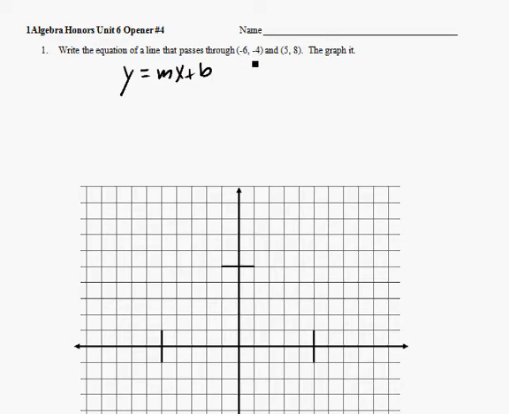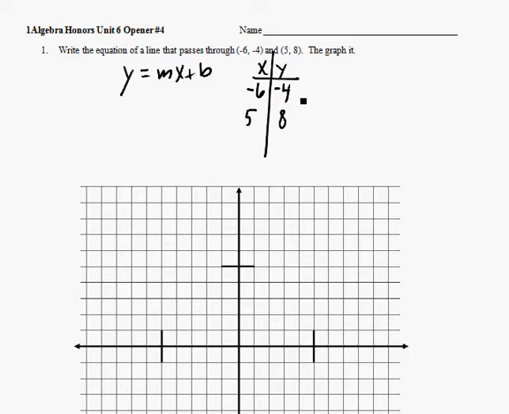Now, in order to find the slope of this line, we want to know how much the y's change per x. Well, perhaps I will simply reorganize the information that I have in these 2 points in a table. We know that for this line, when x equals -6, y equals -4. And when x equals 5, y equals 8.